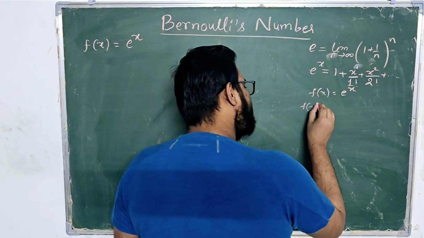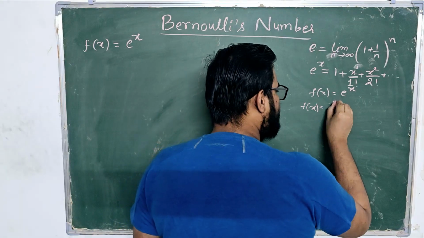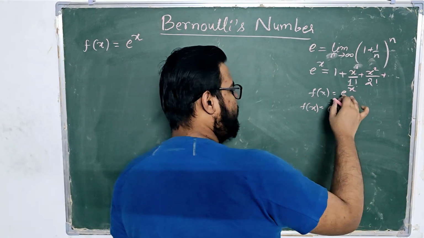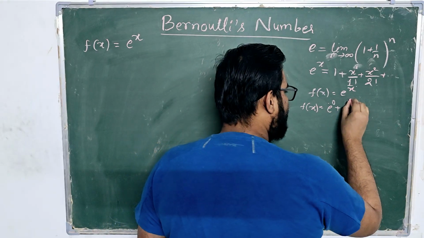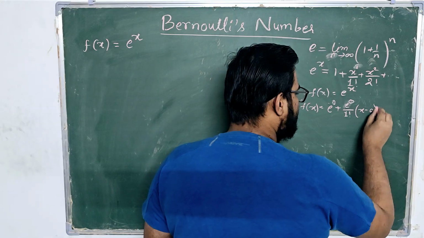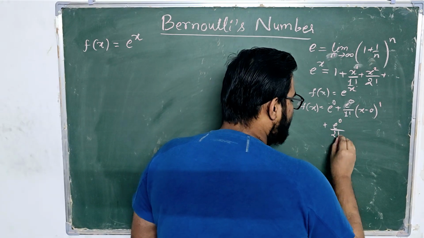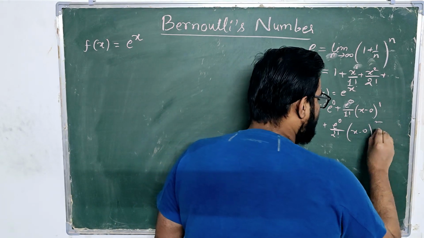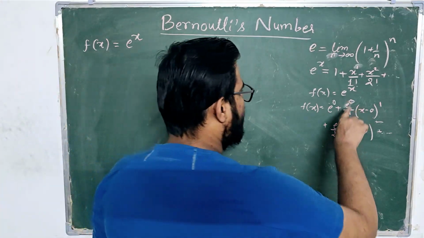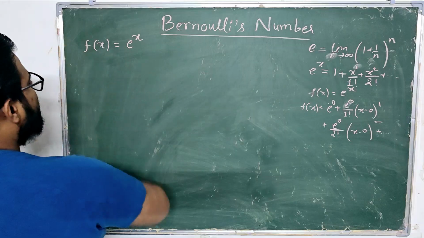So the Maclaurin series will be this function at 0, so e raised to the power 0, plus f dash of x, which will be e raised to the power x only, at 0 divided by 1 factorial into (x minus 0) raised to the power 1, plus e raised to the power 0 again divided by 2 factorial times (x minus 0) whole square, and so on and so forth. So this is the Maclaurin series for e raised to the power x, or the Taylor series about 0, okay?